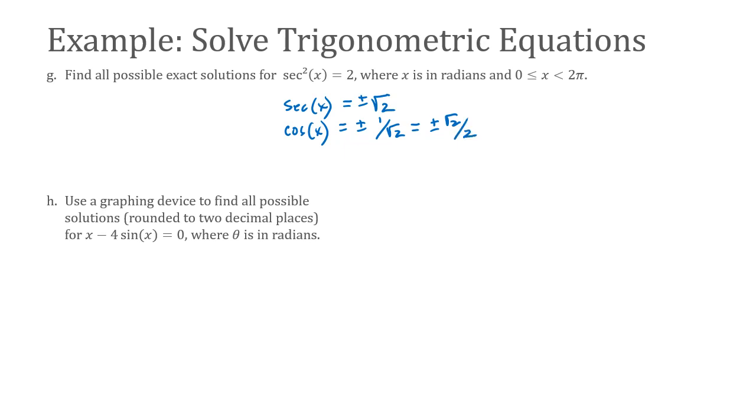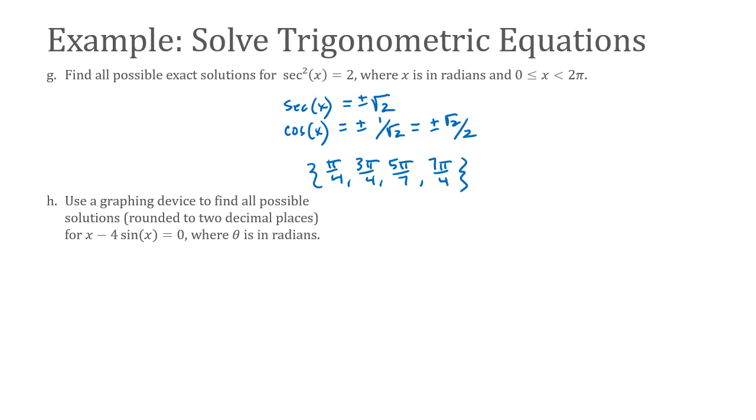So I am looking for the solutions that have a cosine of not only positive square root of 2 over 2, but also negative square root of 2 over 2. So that's going to give me the solution set of basically all of the multiples of pi over 4 within one rotation of a circle.